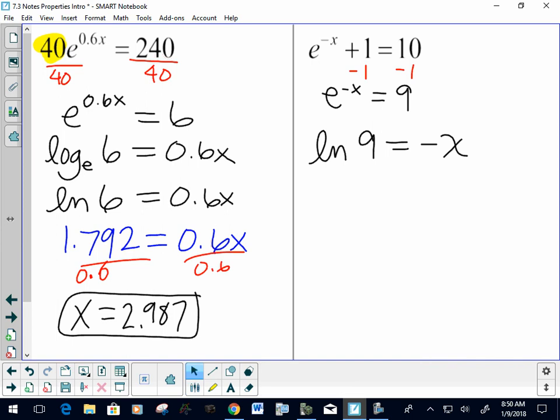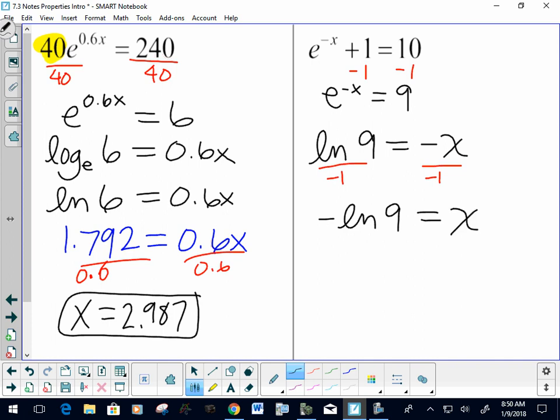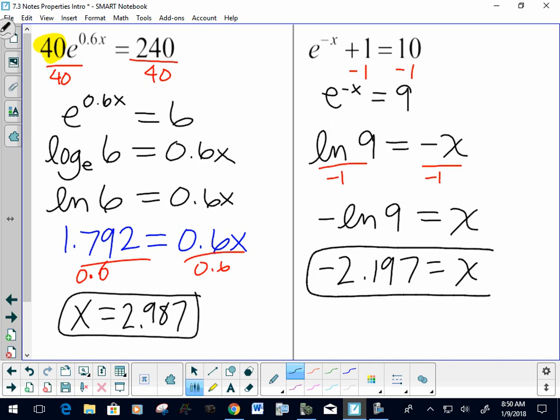So you can think of this next step as dividing by -1 if you want, or timesing by -1. This would just be the negative natural log of 9 is equal to x. So this would be an exact answer. If you typed that into your calculator, the negative natural log of 9 is negative 2.197. So that would be our x value.